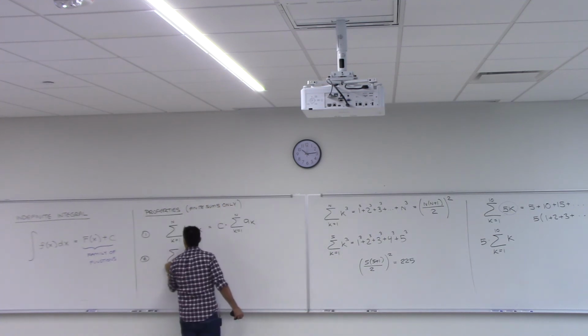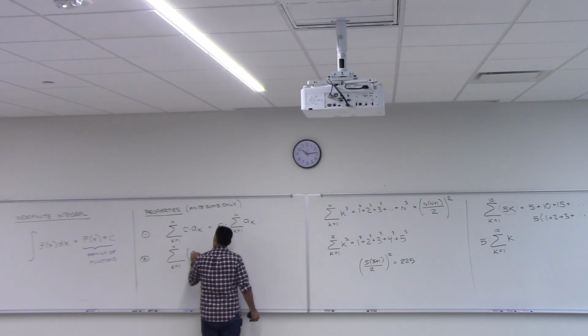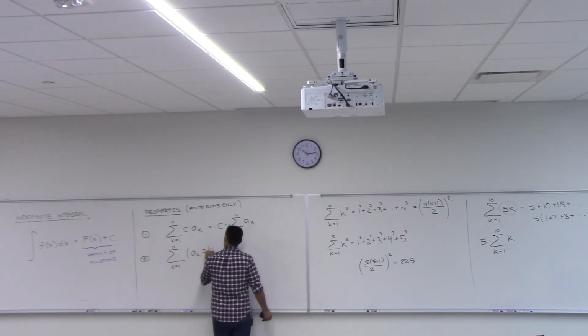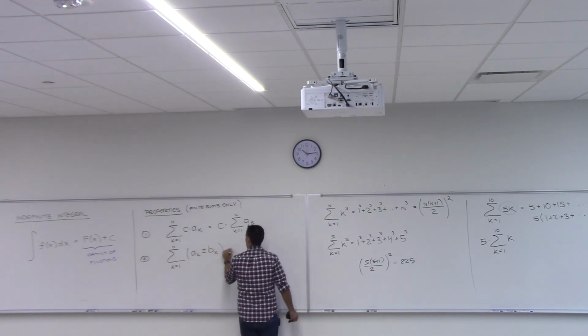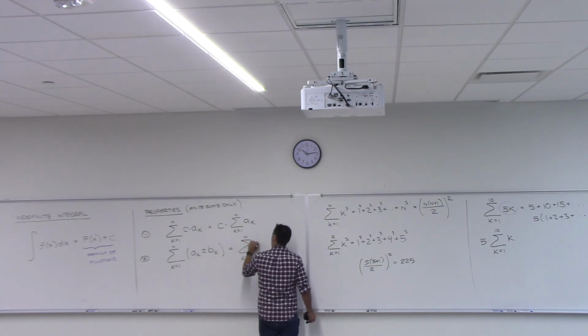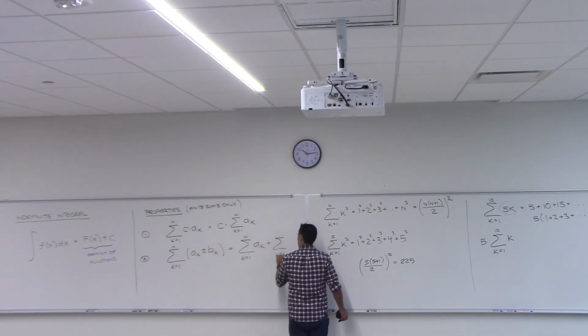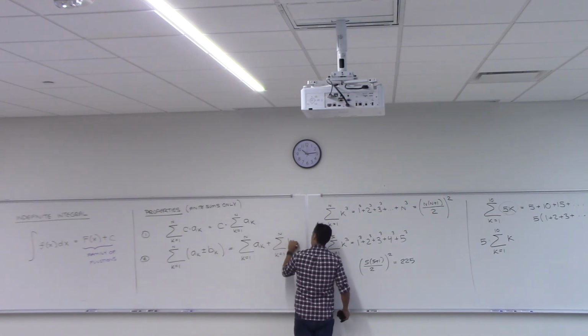If I take the sum, k equals 1 to n, and I have in there a sub k plus or minus b sub k, you can split this into 2 sums, the first a sub k and then the second one, the b sub k.